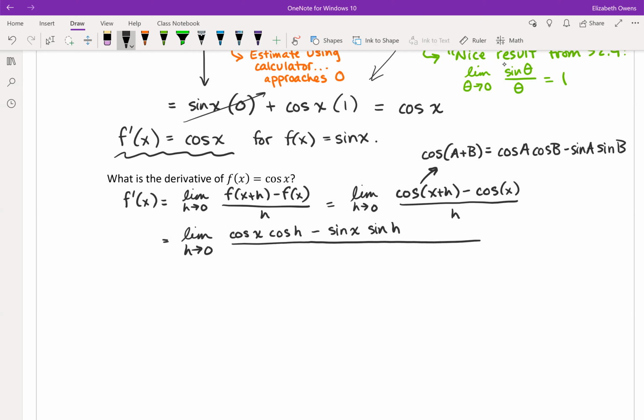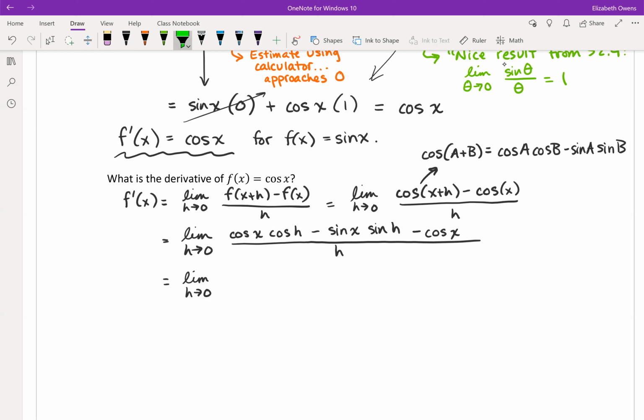Oops, I almost forgot again. We have a minus cosine x tagging on the end there. Minus cosine x, and then that's all over h. Now notice we have a couple terms with a common factor again.